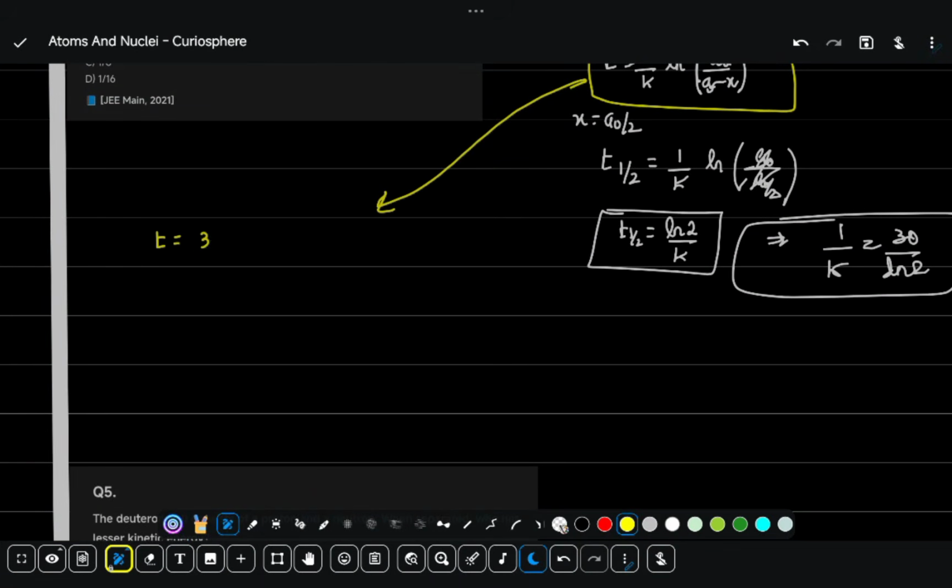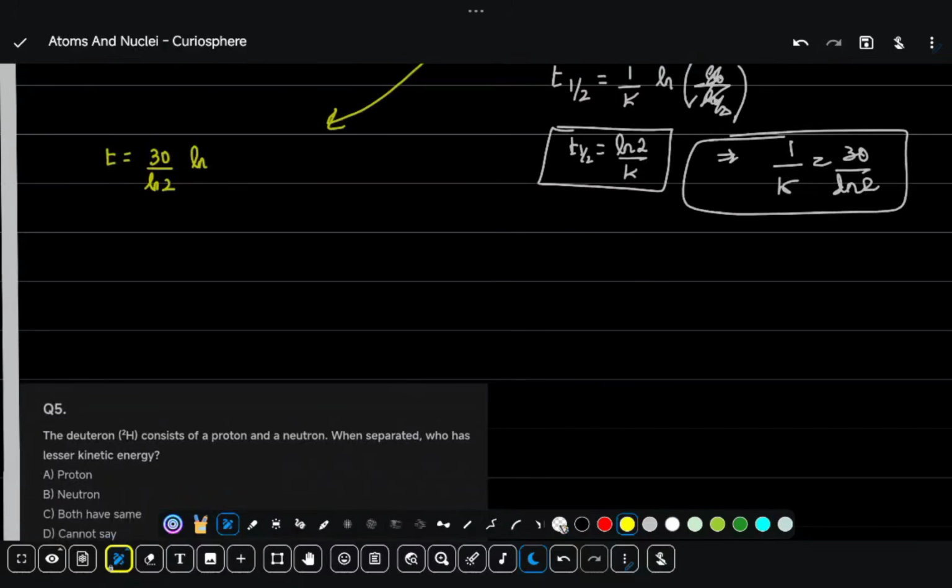is equal to 30 by ln2 instead of 1 by k, times ln a naught by a naught minus x.